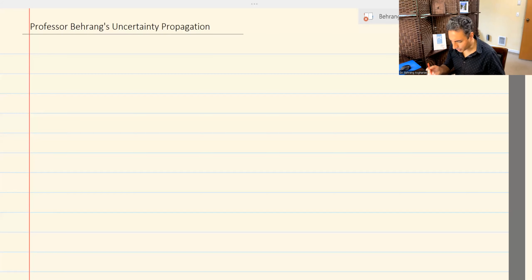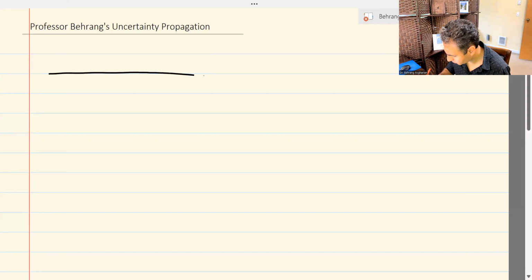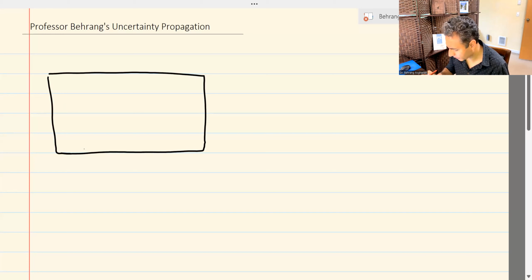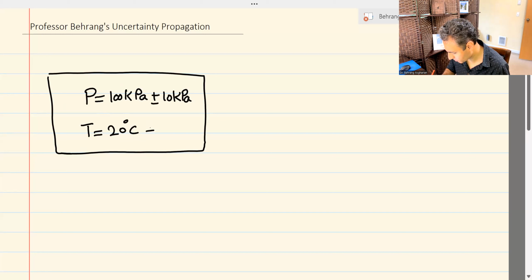Okay, so here's the problem. Let's say this is a room like this, and we put a thermocouple, a thermometer, and a barometer in this room. We measure the pressure in the room to be 100 kPa plus minus 10 kPa, and we measure the temperature of the room as 20 degrees Celsius plus minus 2 degrees Celsius.